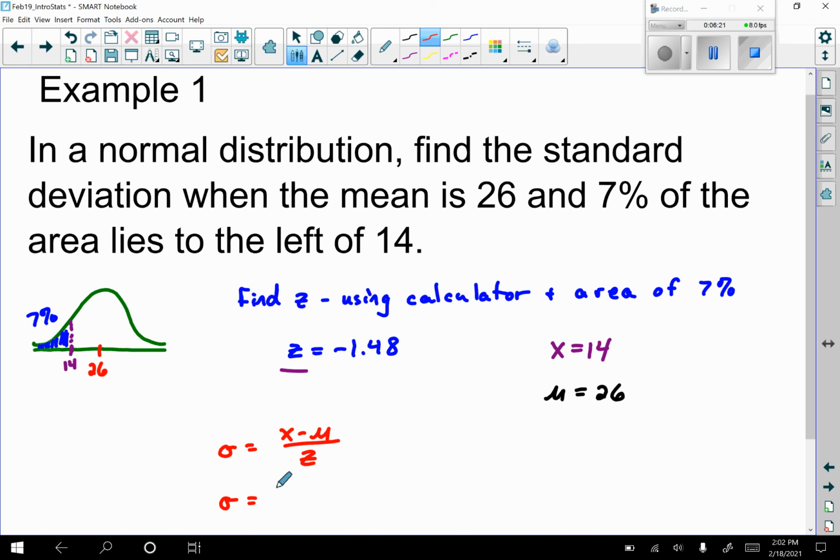So this just becomes 14 minus 26 over a negative 1.48. In this case, we're going to round to just one more decimal place than the raw data that's right here. So we should be getting an 8.1. So our standard deviation is 8.1.